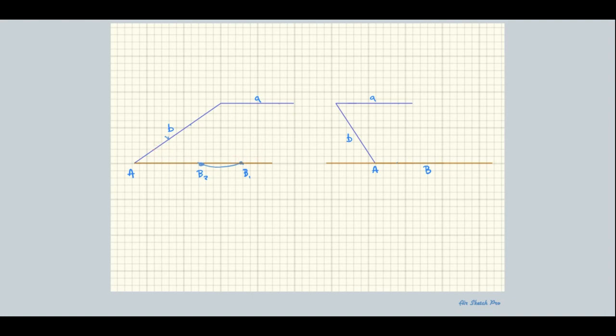A number of things could happen. It could be the case that the length is just too short and it will never reach the bottom line. I don't know how long this line is, but I know what direction it's coming from. And it's possible it wasn't long enough to reach the line, in which case I don't get any triangles. So at the very least, it has to be greater than the altitude, because if it's not greater than the altitude, I just won't get there.